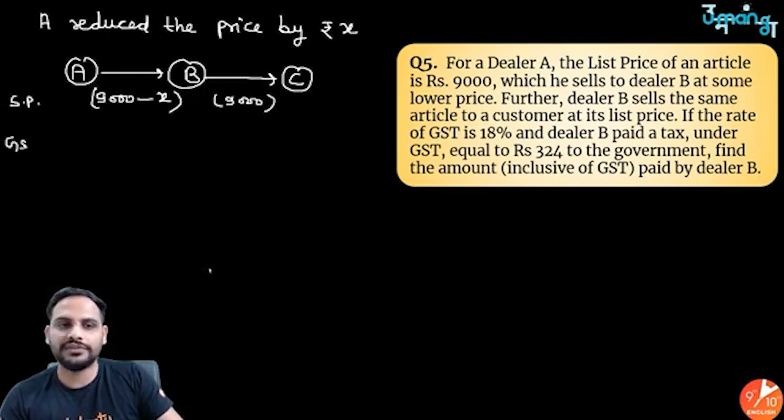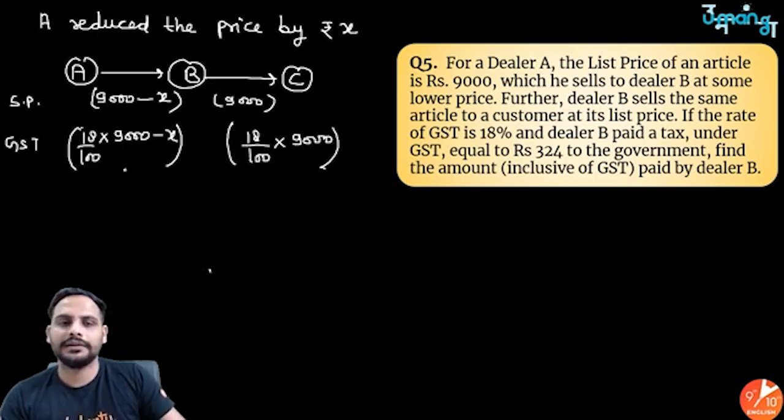Now let's talk about GST. GST here is 18% in both cases. So it will be 18% of 9,000 minus X, and here 18% of 9,000. Correct? This is your input GST. This is your output GST.